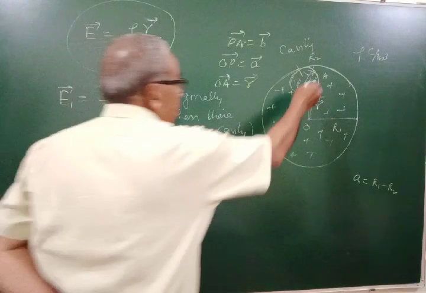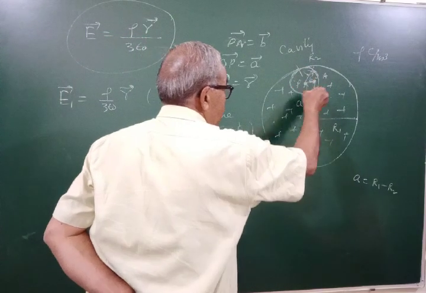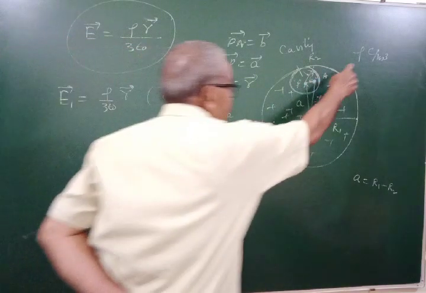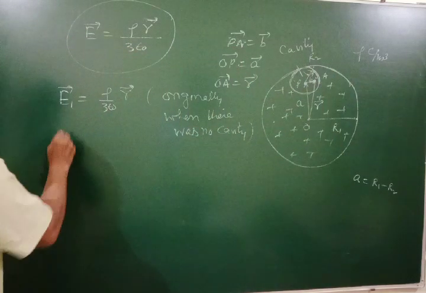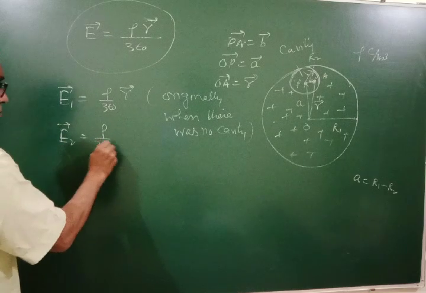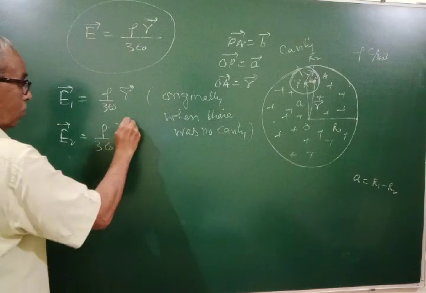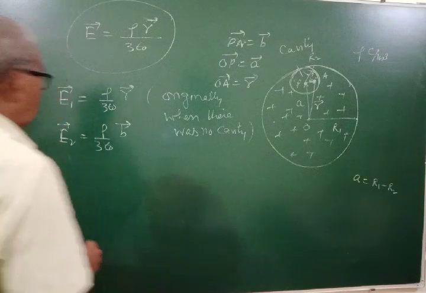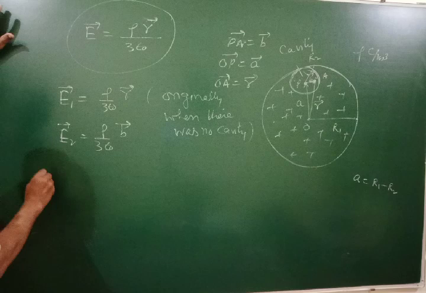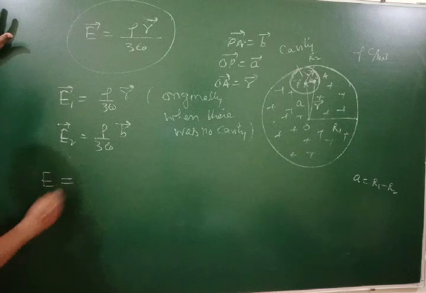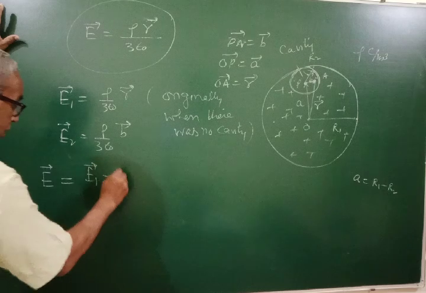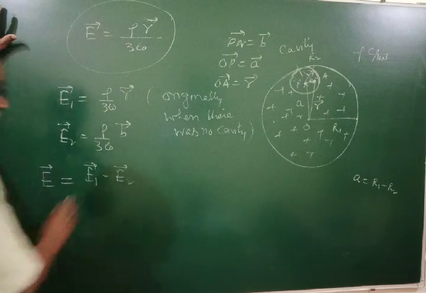But now, if we think of the field of this sphere having the same charge density, then this E2 will be rho upon 3 epsilon 0 vector B. But since the cavity has no charge, the actual field inside the cavity will be vector E1 minus E2. Why minus?